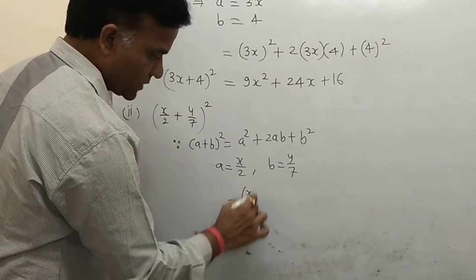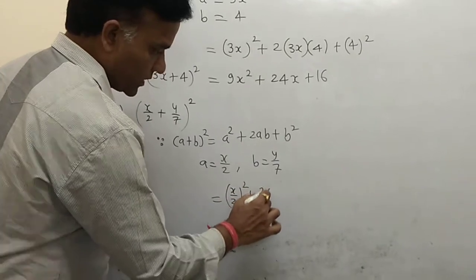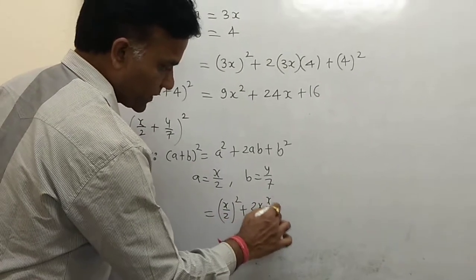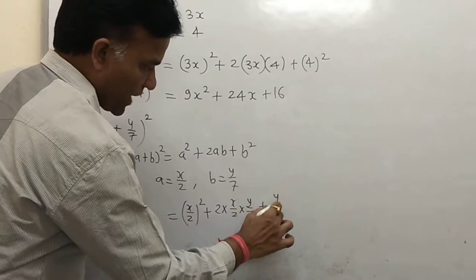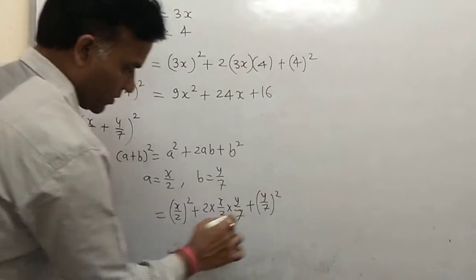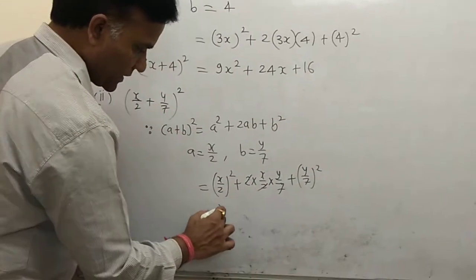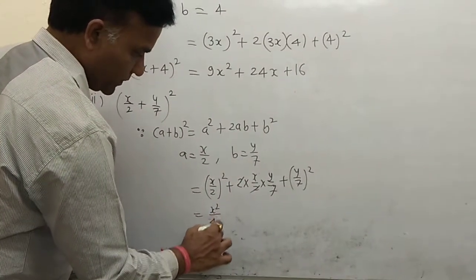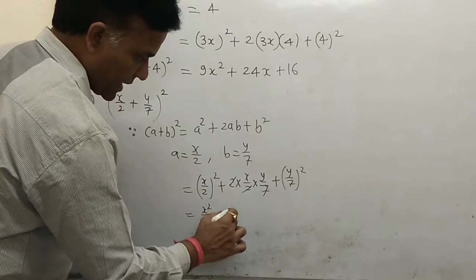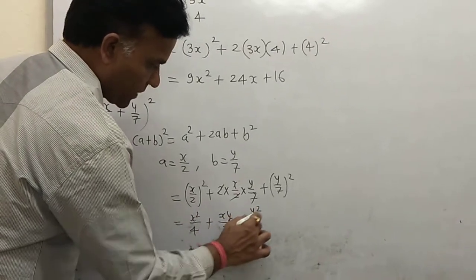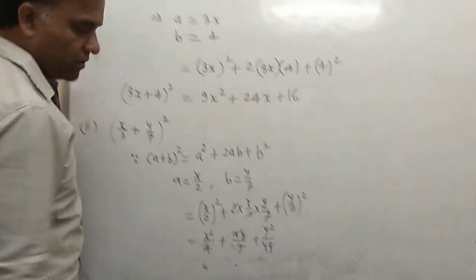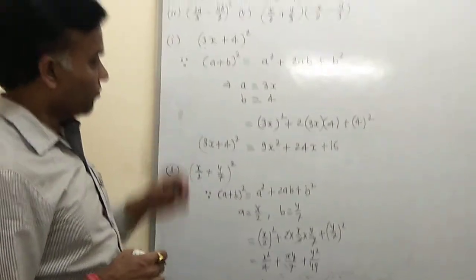You have (x/2) whole square, 2 into x/2 into y/7, plus (y/7) whole square. The 2s cancel out: x square by 4 plus xy by 7 plus y square by 49. So this is another expansion.